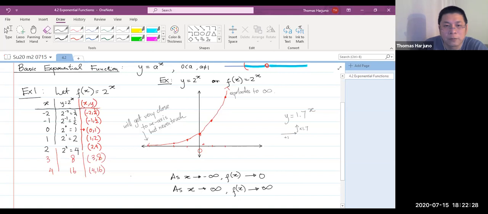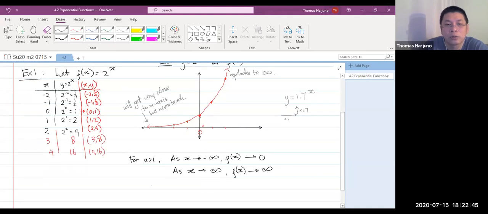That is for the base greater than 1, because you keep on multiplying by something more than 1. The more you go to the right, the greater the number is. We also see that the y-intercept is always (0, 1).